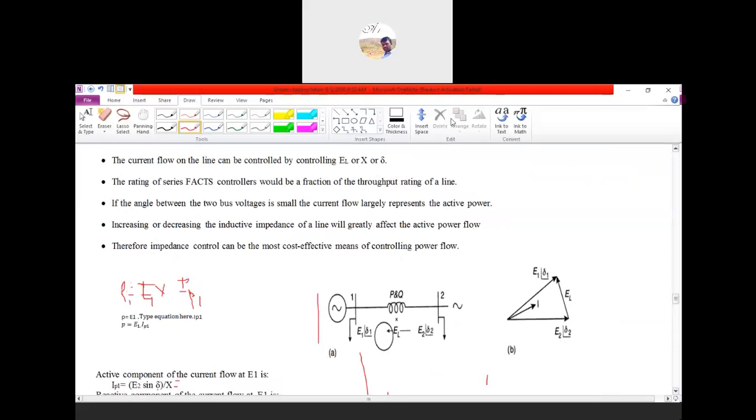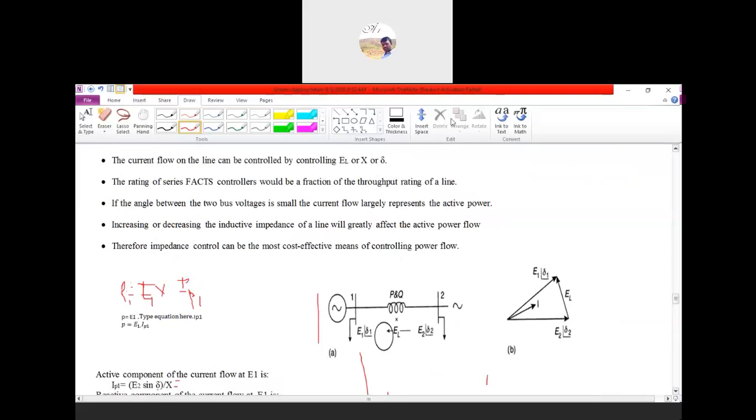Now coming to the reactive power at E2, the total reactive power. Here is the active power, here is the reactive power. While considering E1, the reactive component is between E1 and E2, the difference between E1 and E2, divided by the impedance.